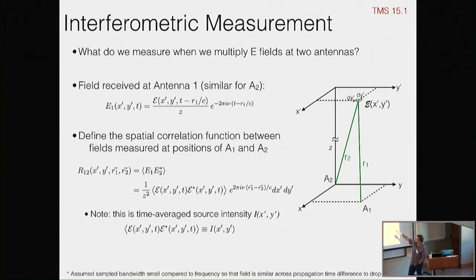And then there's this phase factor. The wave is oscillating, and so you've got frequency, and again, the oscillation is delayed by this propagation time.